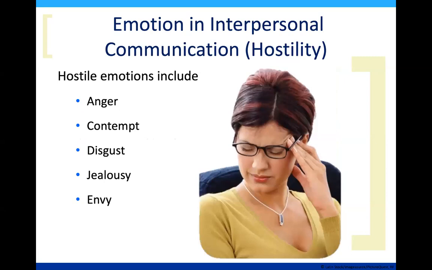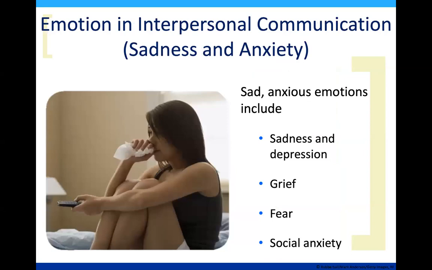Within the category of hostile emotions, we see anger, contempt, disgust, jealousy, and envy. And then the third category, the sad and anxious emotions, include sadness and depression, grief, fear, and social anxiety.